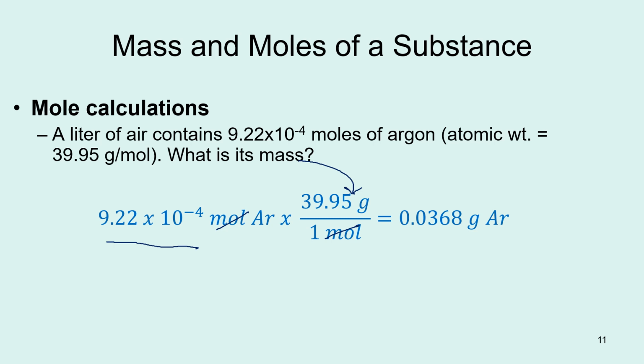So 9.22 times 10 to the minus 4th times 39.95 gives me 0.0368 grams. I started with 3 sig figs. I actually used 4 in this calculation, but I want my answer to compare to the number that was given, so I'm keeping 3 sig figs in my answer.